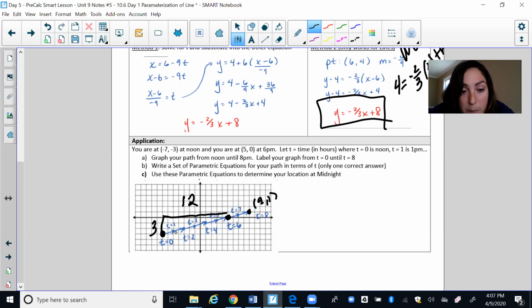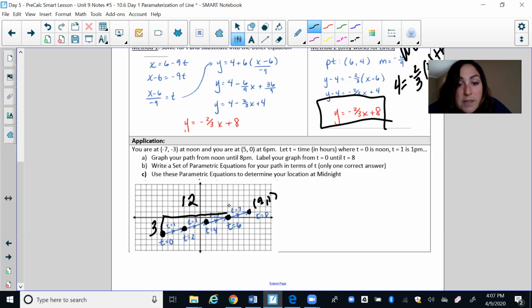And then putting our points in between to show where we were at 1 hour, 2 hours, 3 hours, 4 hours. Easiest to start with the 2 and the 4 because those are nice integer values, and then our in-betweens.